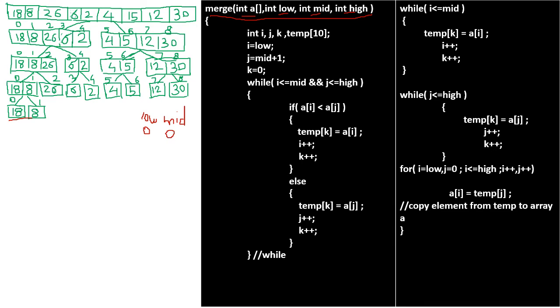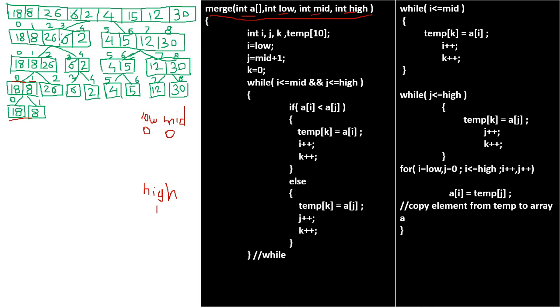And the high value is 1. Like this, the low value is 0 and the high value is 1. At that time we get low 0, mid 0 and high 1.